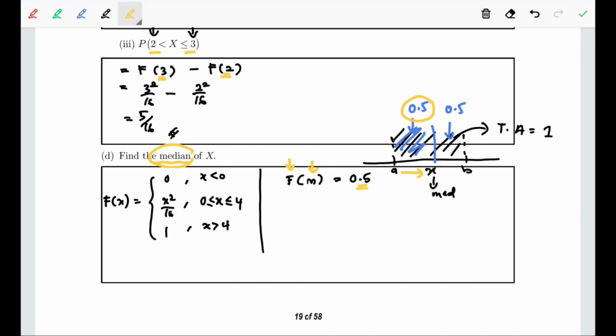Okay, since we have found the CDF, we are going to find the median using the CDF, not the PDF. It's a different way. Since we already have the CDF, we're going to use it.